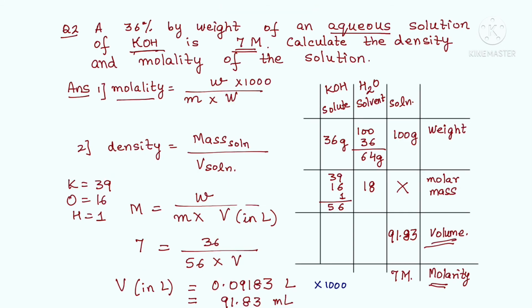Now using the same fundamental, can you calculate molality? That's the weight of the solute, 36. Molar mass of the solute, 56. Weight of the solution or the solvent? Yes, it's the weight of the solvent, which is 64. And why do we do 1000? Because we've got to take the weight in kilograms.